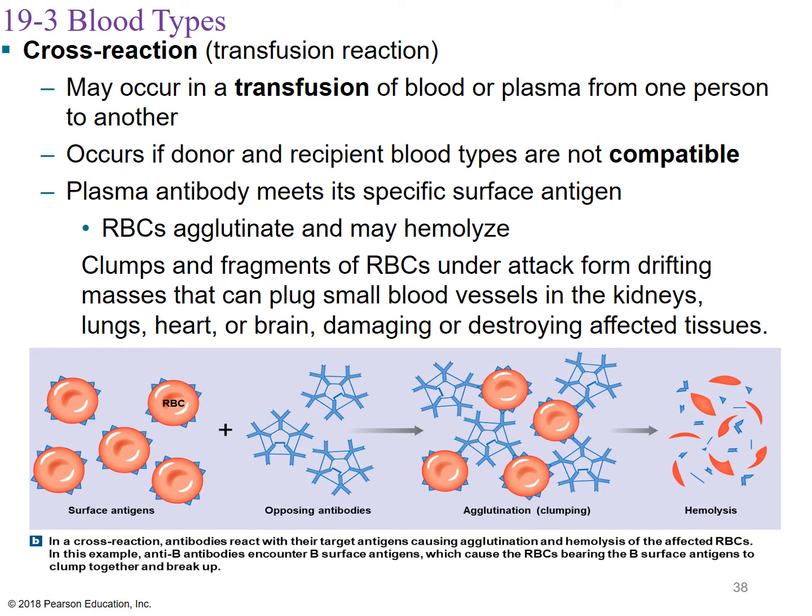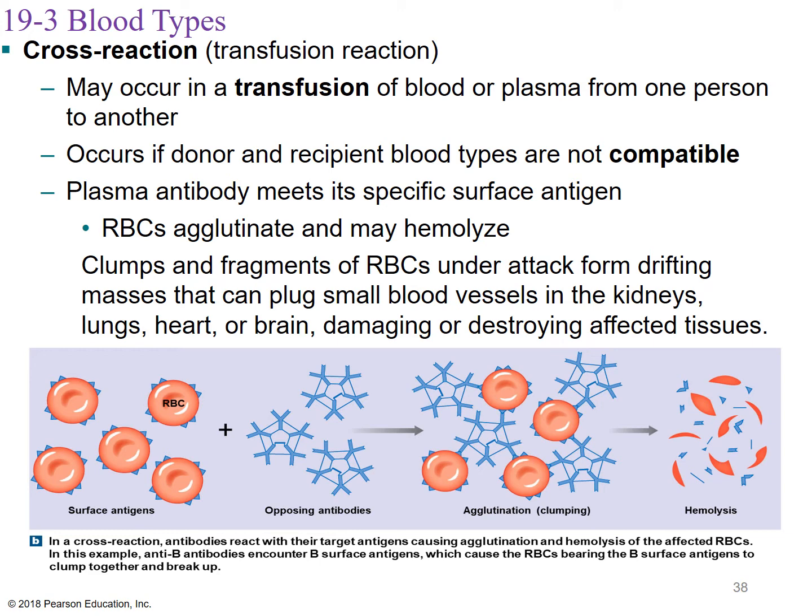So clumps and fragments of red blood cells under attack form these drifting masses, and they can then plug the small blood vessels that are within various organs and then destroy those particular tissues. So this is why it can become a system-wide problem if you give someone the wrong blood that is not compatible with theirs.